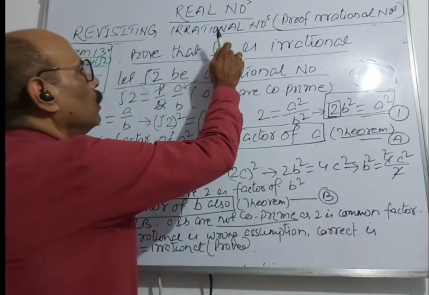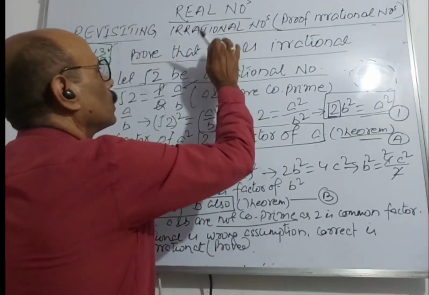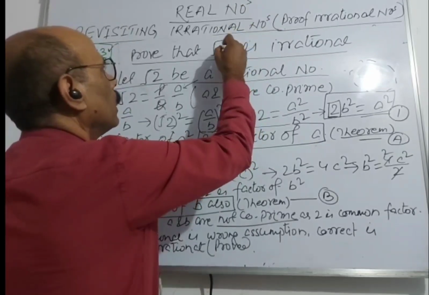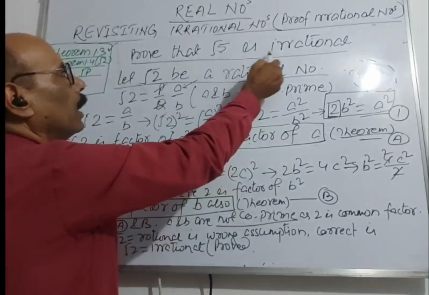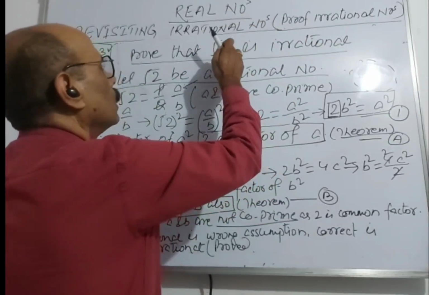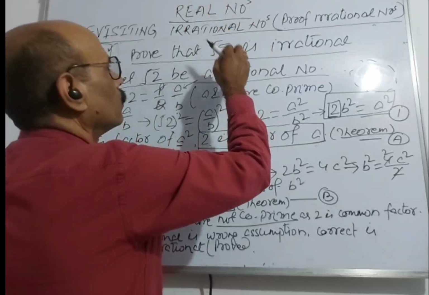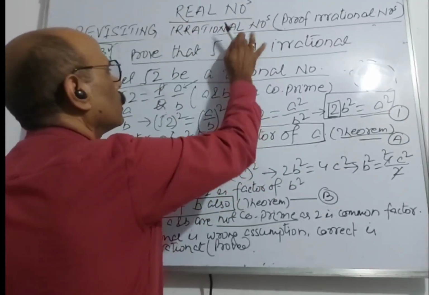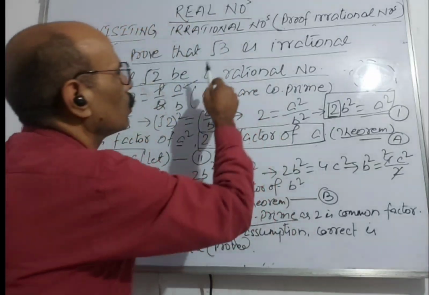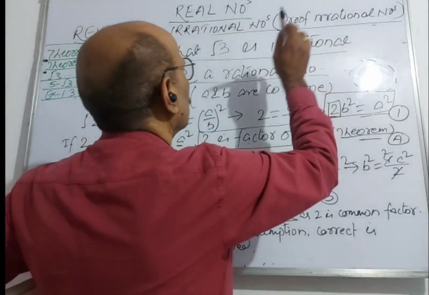So here, in place of root 2, suppose root 5 is there, or root 3, any number you can write. Let me write root 3. Root 3 is irrational.